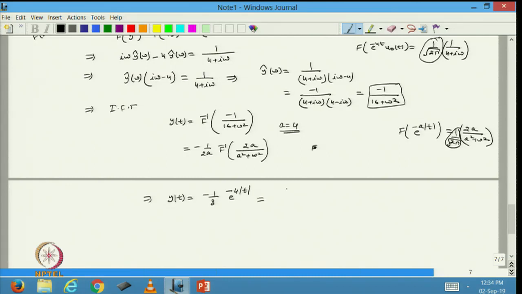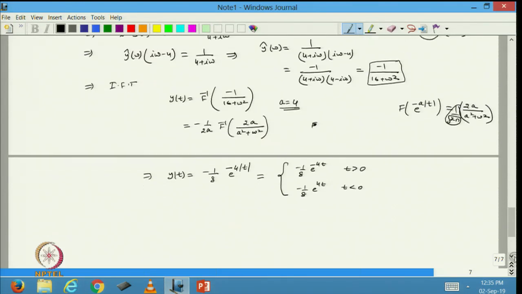So this is equal to minus 1 by 8 e raised to power minus 4t when t is greater than 0, and this will be minus 8 e^(4t) when t is less than 0. So that is the solution. You will get the solution in terms of a piecewise function.